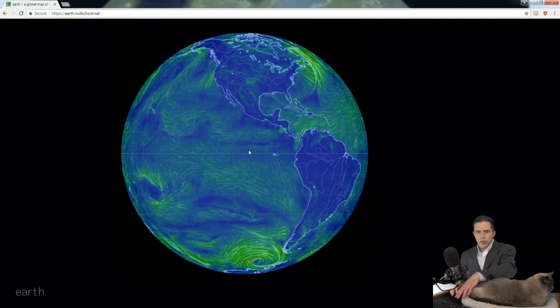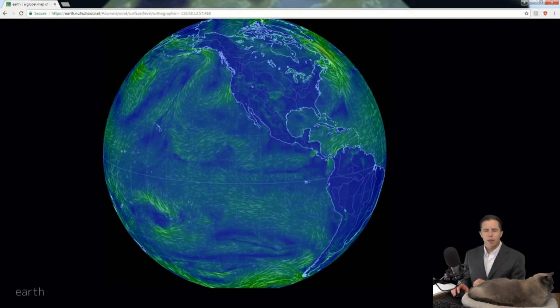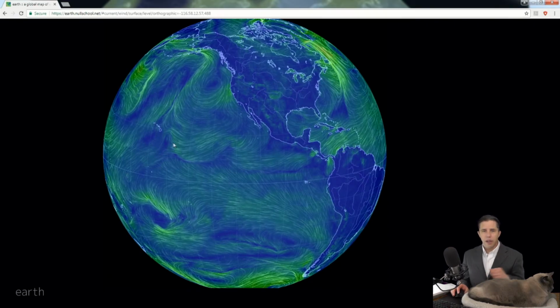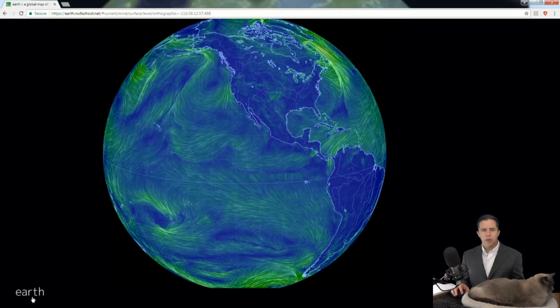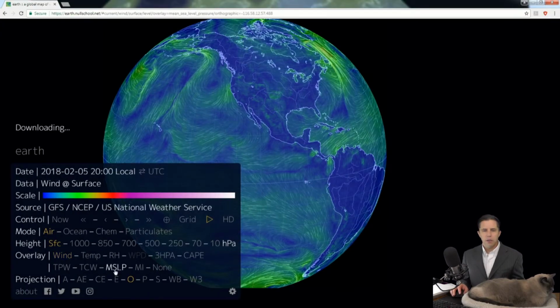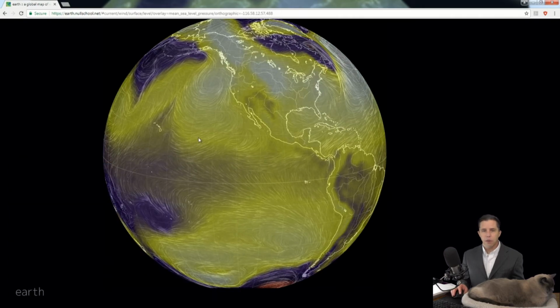Now, we can look for some of these features. So here I am at the website we've been to before, earth.nullschool.net. By default, it's showing you wind. What I'm going to do is click the word Earth, and I'm going to click on MSLP, and that's for mean sea level pressure. This is going to show us air pressure across the Earth.